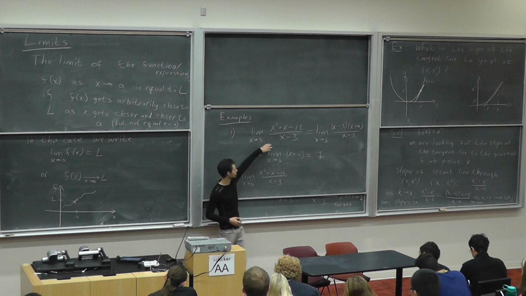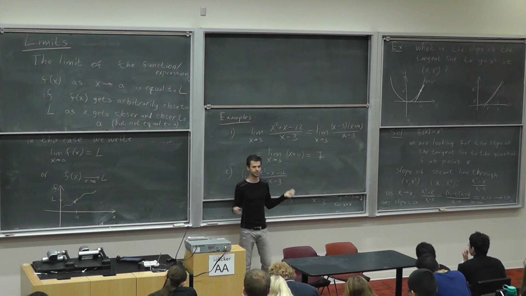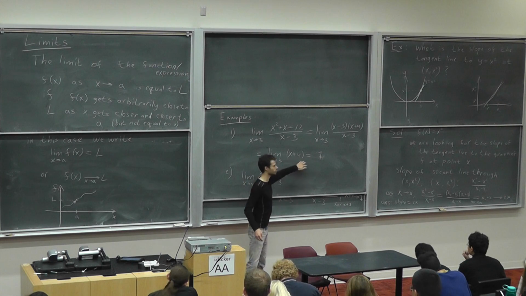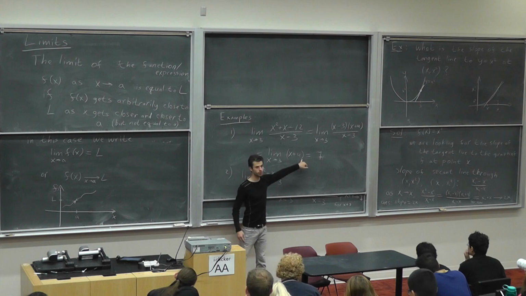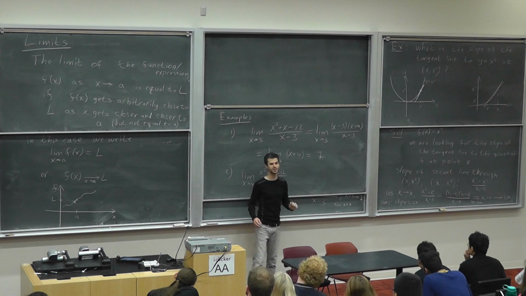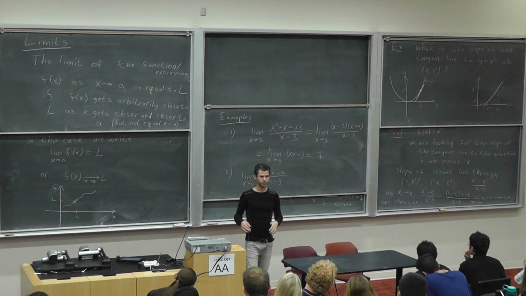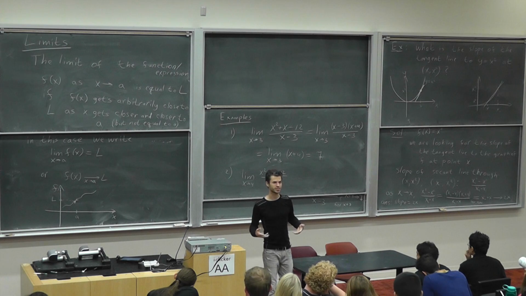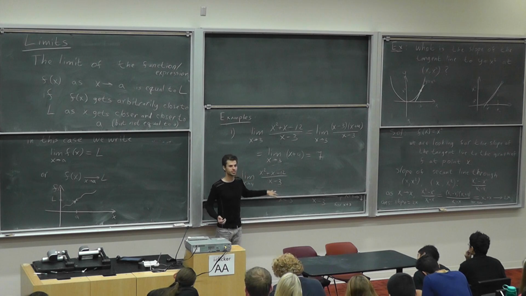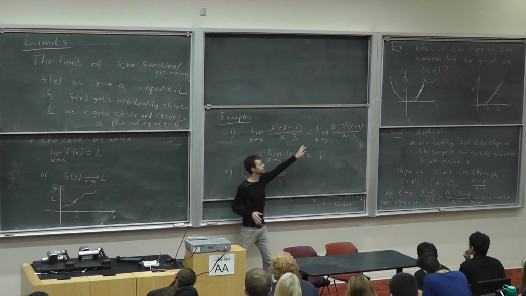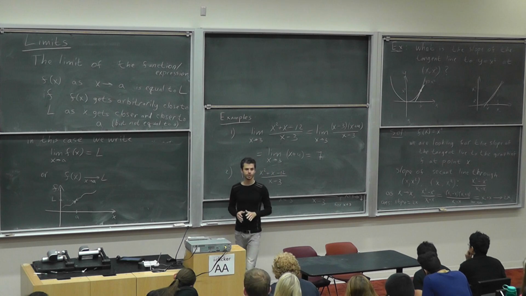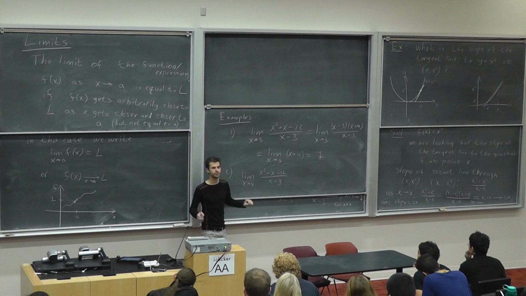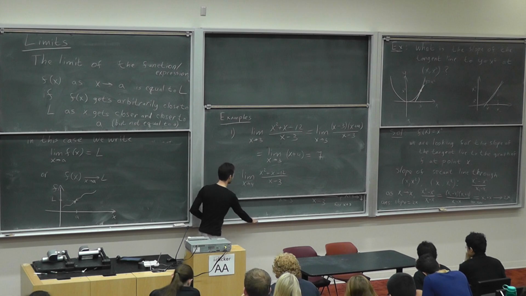One would be to do exactly the same thing: cancel x minus 3, get this expression, get the answer, x plus 4, when x is close to 4 approaches 8. But there is a better way in this case. If you look at this expression, you don't have to think about factoring anything out. If you just look at the numerator and denominator separately, they already contain the answer.